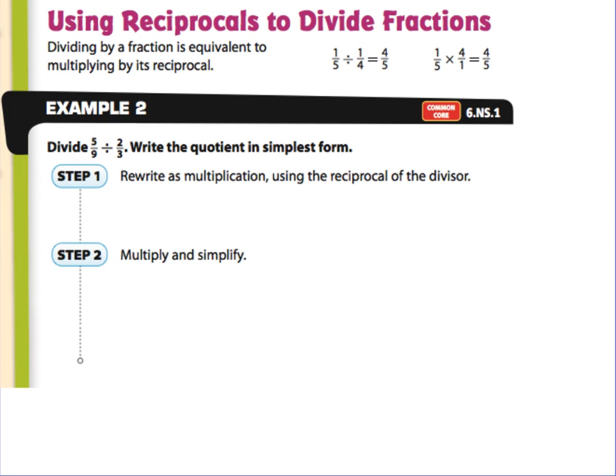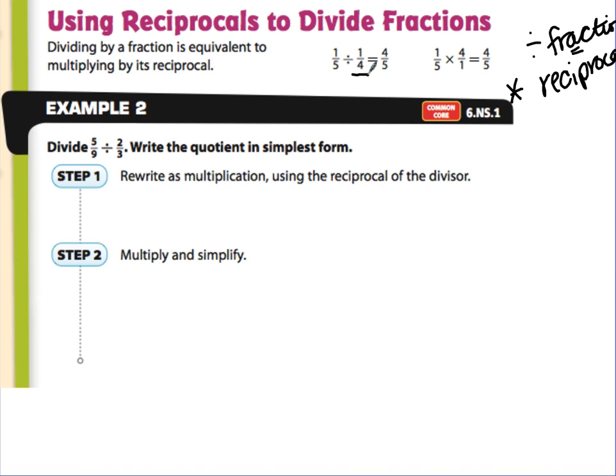Okay, so now how do we use this when it comes to dividing fractions? Well, just like when we'll talk later about adding opposites, when you are dividing by a fraction, it's the same thing as multiplying by its reciprocal. Okay, so they're the same thing.